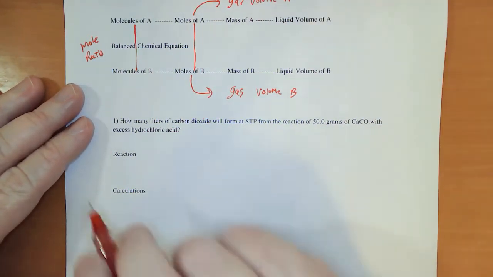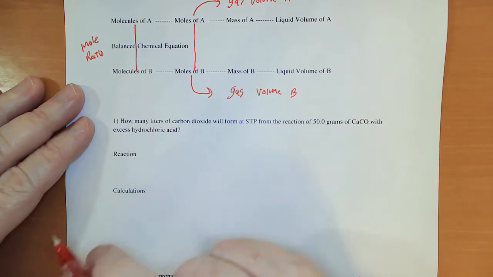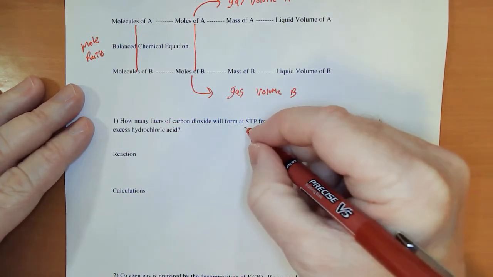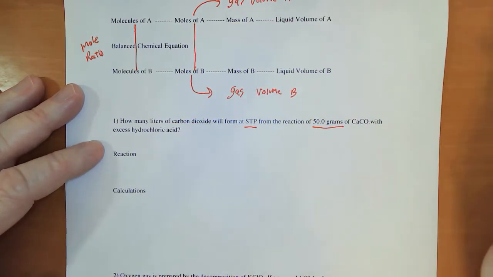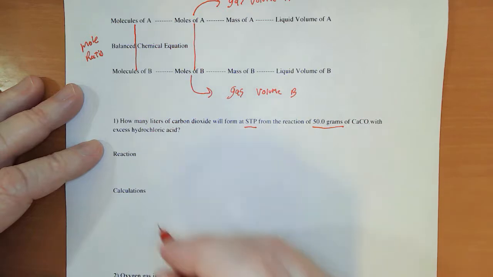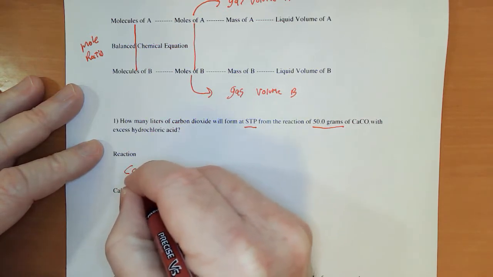So we look at this and it asks us how many liters of carbon dioxide will form at STP from the reaction of 50 grams of calcium carbonate with excess hydrochloric acid. I need a chemical reaction.